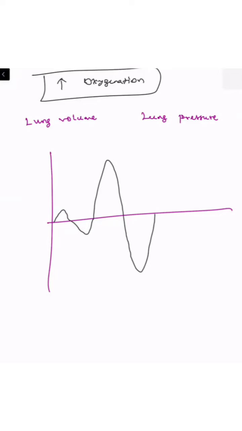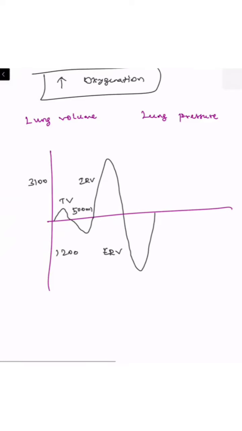So what is tidal volume? Tidal volume is the air entering the lung during inspiration and expiration, which is around 500 ml. Then we have the inspiratory reserve volume of 3100 ml, which is the maximum air that we can inspire with the maximum effort of inspiration. Likewise, we have the expiratory reserve volume, which is the maximum air which can be expired with the effort of maximum expiration.